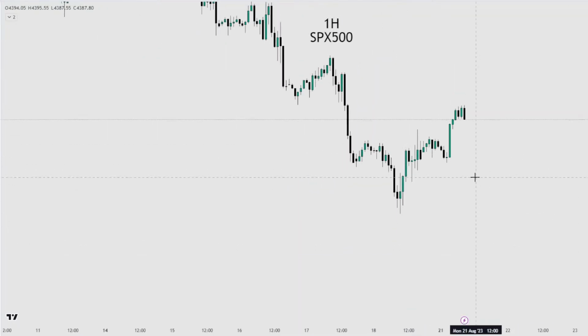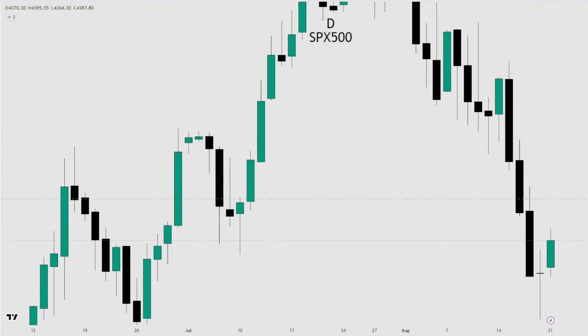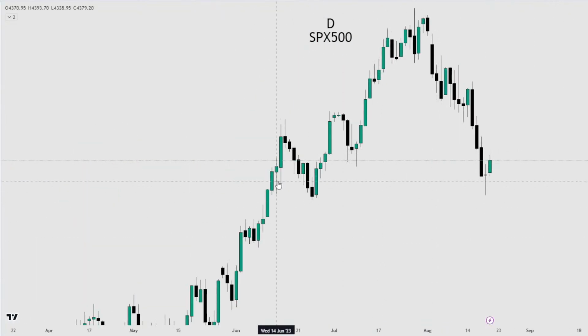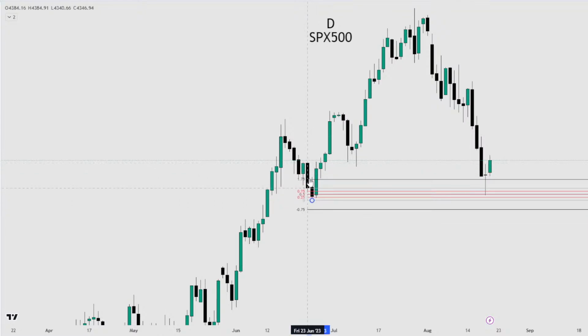So let's see the daily chart first. Where are we on daily? Let's look at SPX. We basically came outside the order block. We respected the 50% of the order block, tapped this, and the order block was respected.